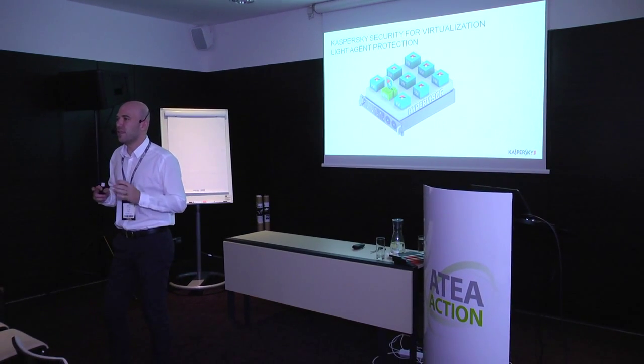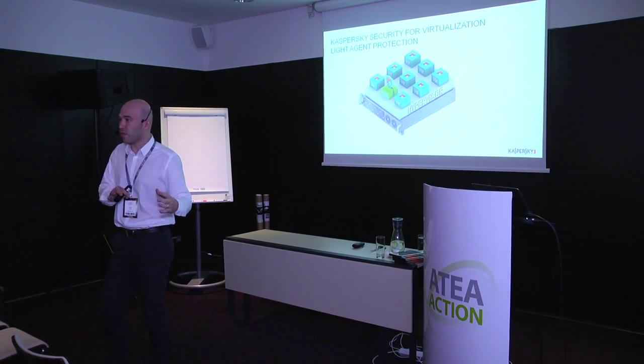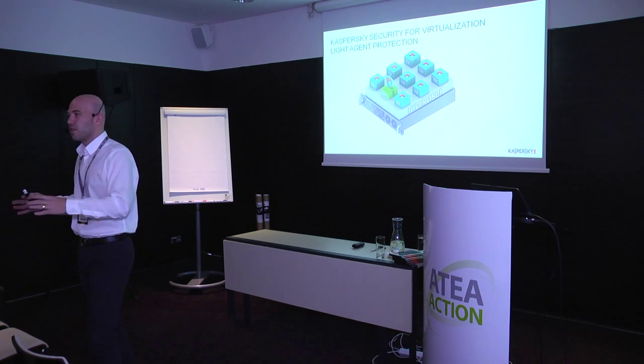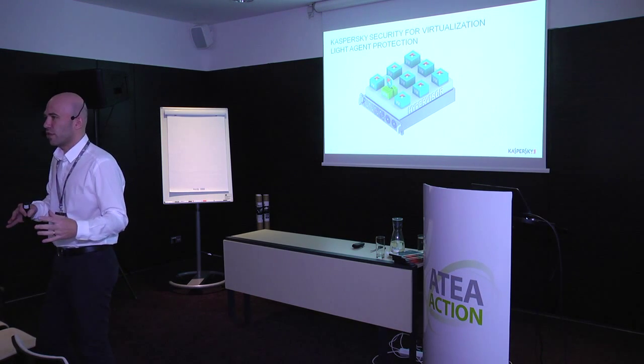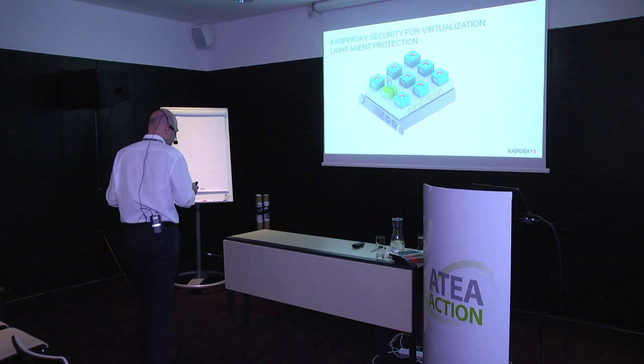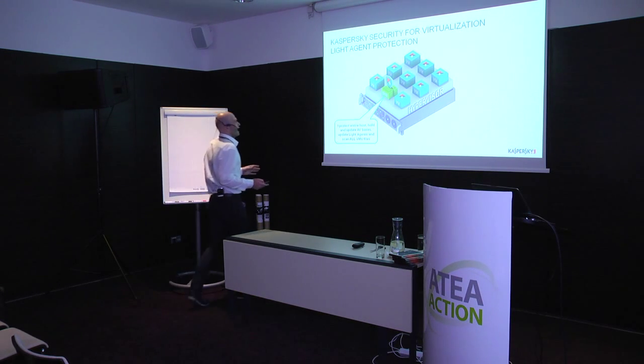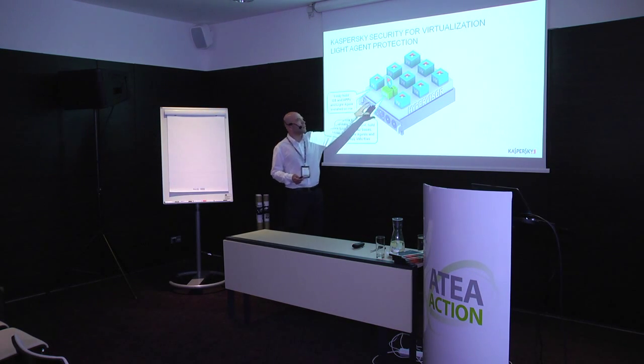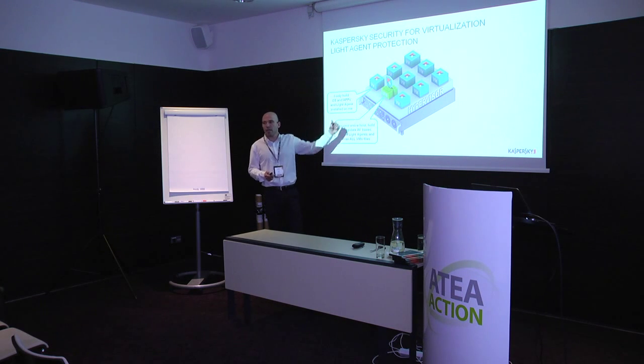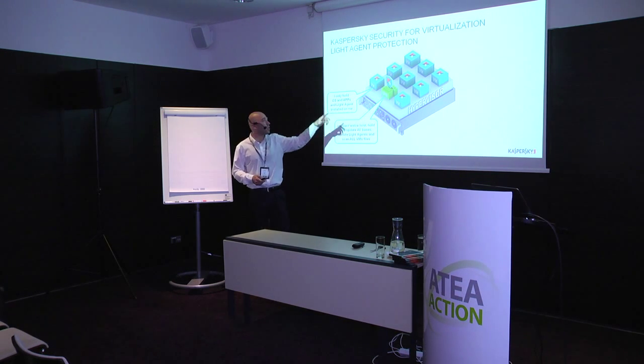This is the main difference between Security for Virtualization and the traditional approach. What is the security virtual appliance's role? It always maintains the module for updates and the module for scanning. The other machine will maintain the operating system, the API, and the light agent.